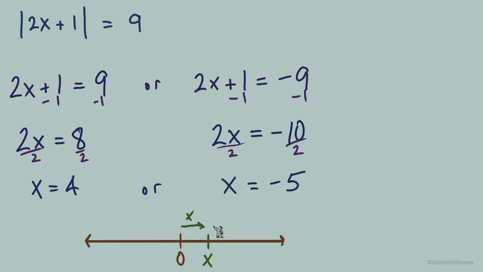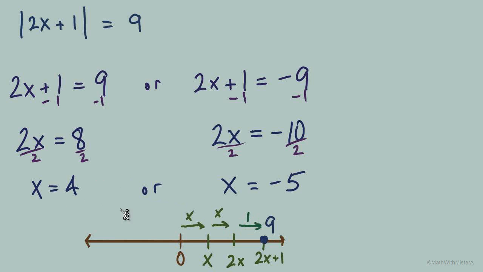Well, definitely that's further to the right. If we move another x units, it will take us over to 2x. But we do need to get over to 2x plus 1, so one more move, we go one more unit to the right, and the picture is not really drawn to scale, but we know that after we do 2x plus 1 more, now our distance from 0 is 9.